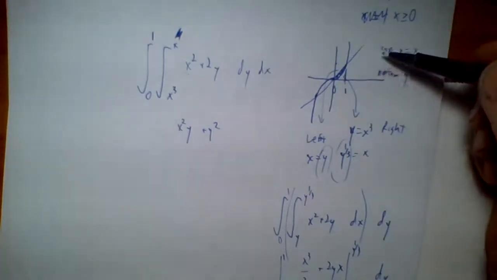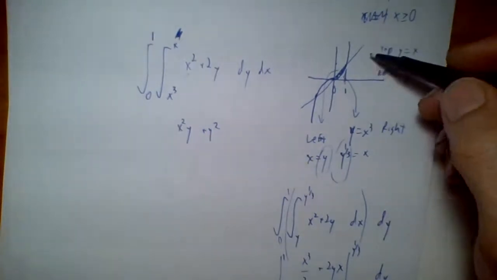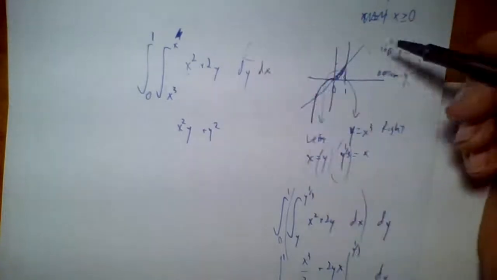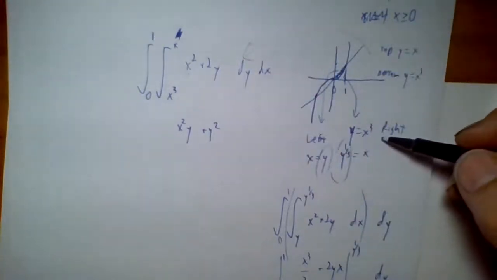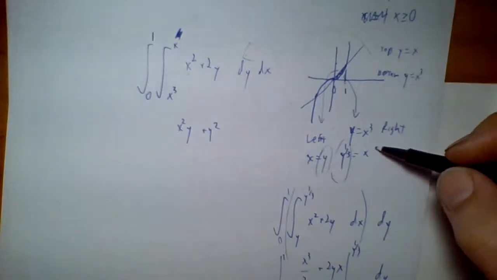So if your region is set up with top and bottom functions, that's leading you toward a dy dx setup. And if your region is set up with left and right functions, then that's going this way around. And this is the kind of region that could be done either way. Some of these would work fine either way.